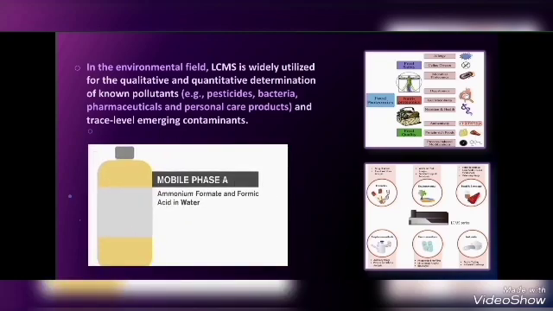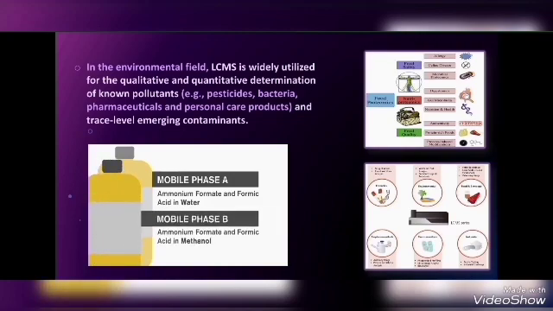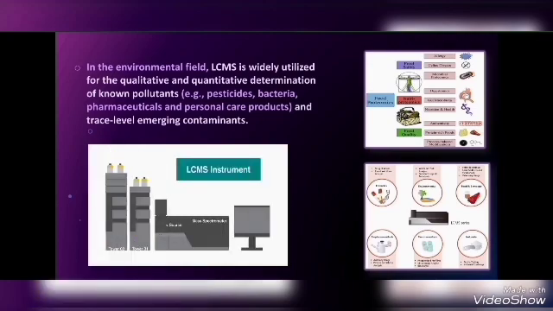We have mobile phase A, which is ammonium formate and formic acid in water, and mobile phase B, which is ammonium formate and formic acid in methanol. And then we're gonna make injection of sample in LCMS.